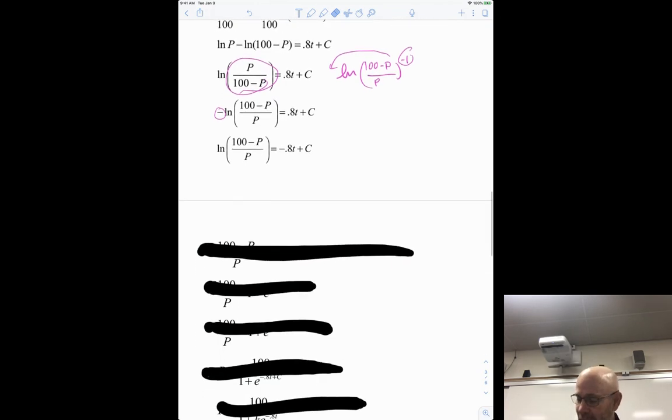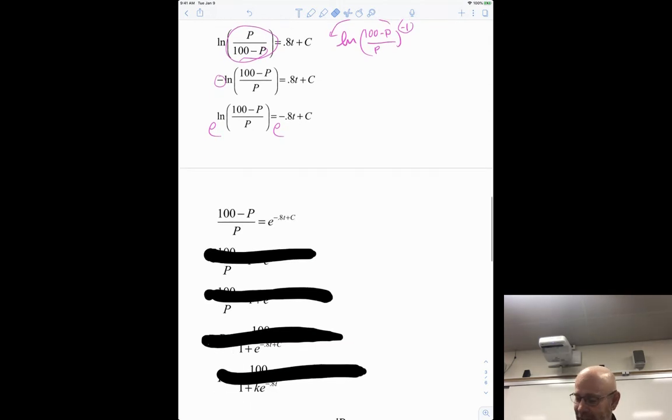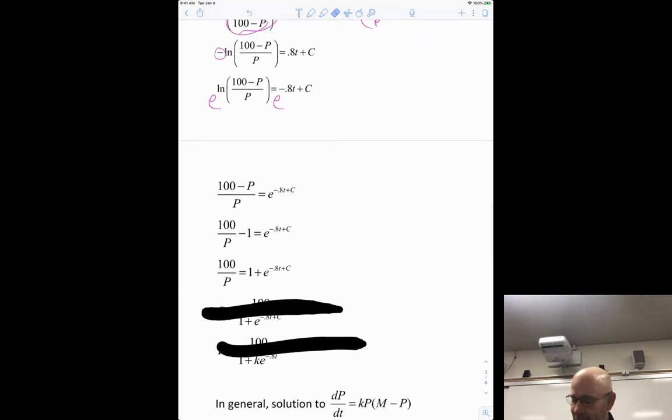Okay. Then I exponentiate both sides, e. So I get 100 minus p over p equals e to the negative 0.8t plus c. Next step is I broke that up into two fractions. 100 over 100 minus p, all over p, is 100 over p minus p over p, or 1. Then I added 1 to both sides.